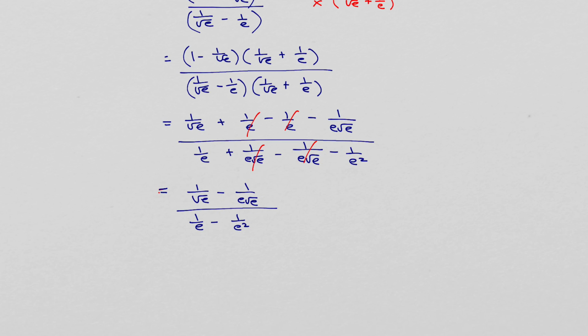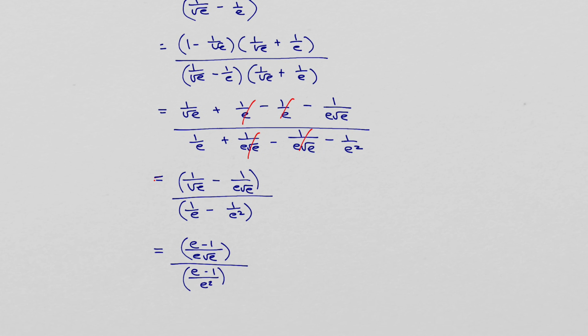So if I get a common denominator on the top line there, we have e minus 1 over e root e. And on the bottom, we have e minus 1 over e squared.